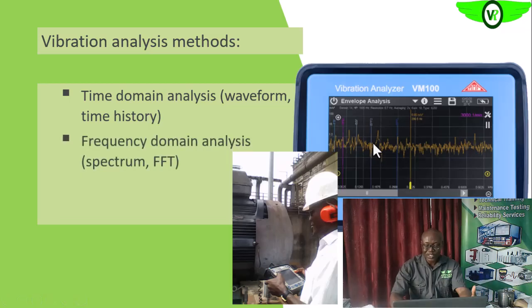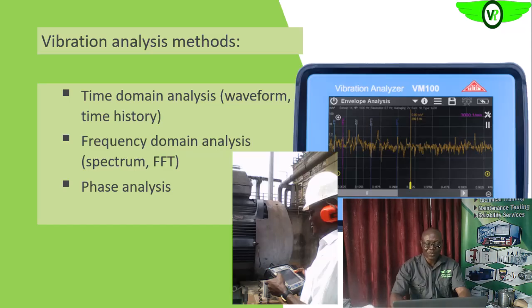For us to get useful information, we need to carry out FFT, fast Fourier transformation, which will be done automatically by the analyzer. We just press the frequency spectrum button, which automatically converts the waveform information to a frequency spectrum. Then we can also do phase analysis, that is the position of the particle per unit time with respect to a reference point.